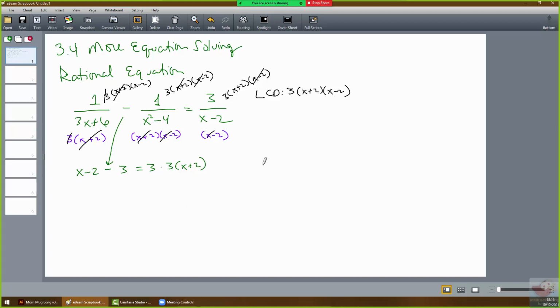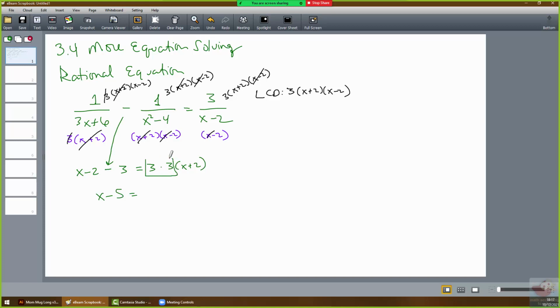So if you want to write down steps, step 1, multiply everything by the LCD. Step 2, solve as normal. The reason that's very vague is because when you're done, you might be left with something that's linear, quadratic, cubic typically. This one happens to be linear. So what we'll do is we'll combine like terms.